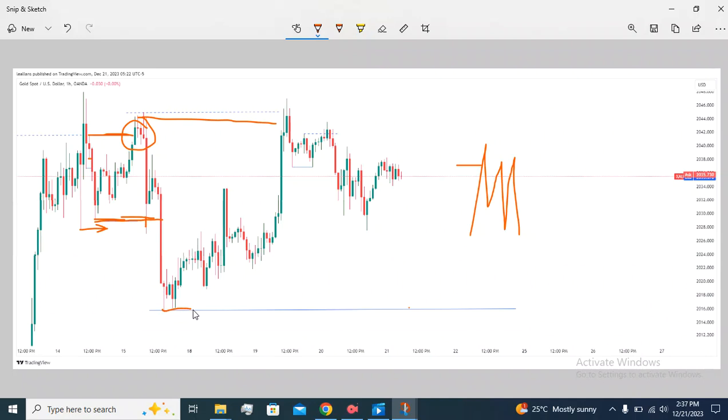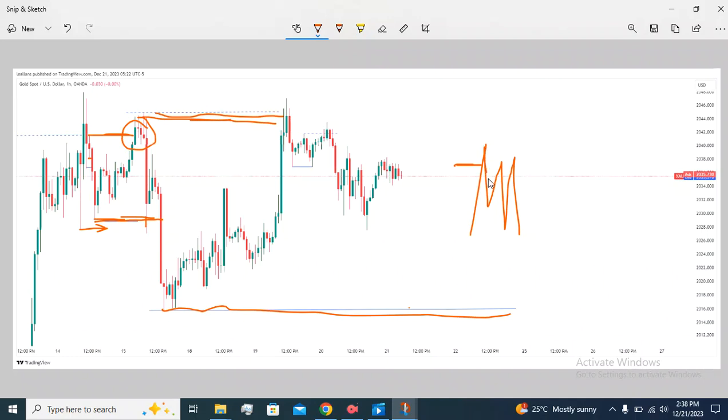There is a chance of this low being swept by the market with this market structure shift. So this high, the market mitigated it, and we can see by this logic the sweep of liquidity, which is right here.